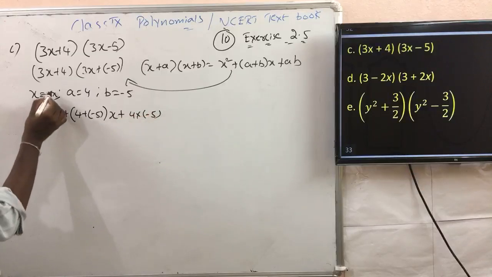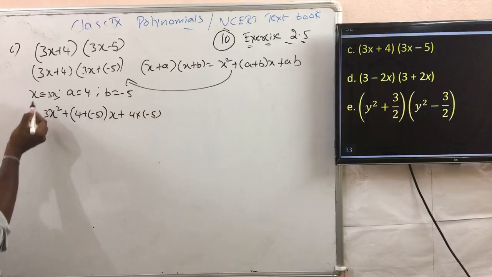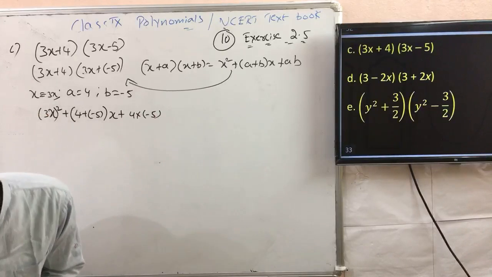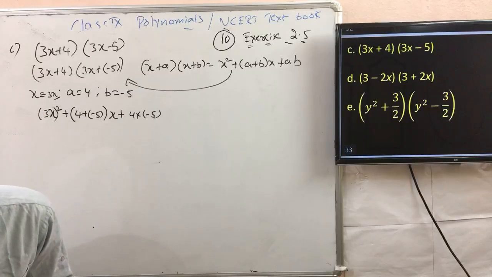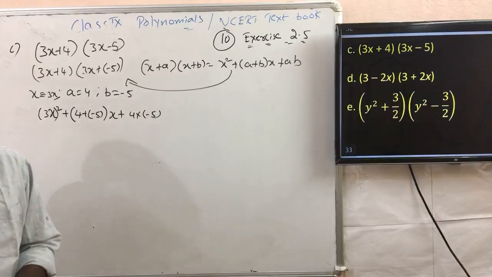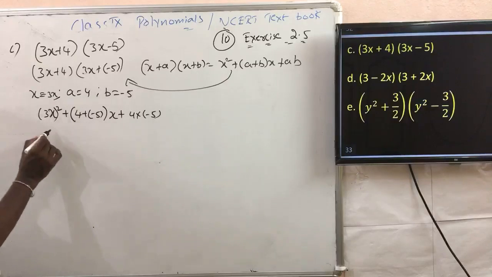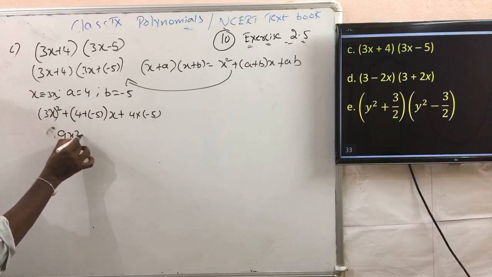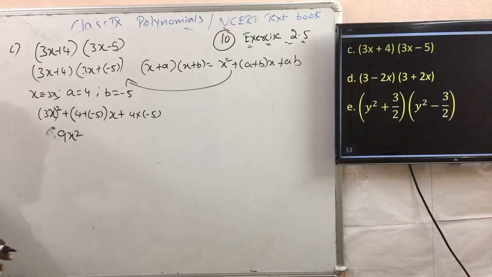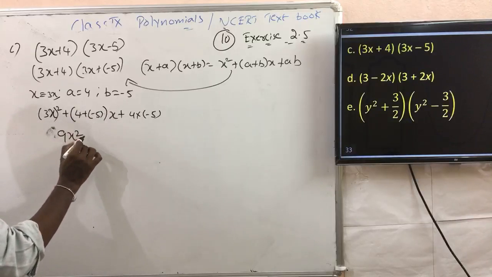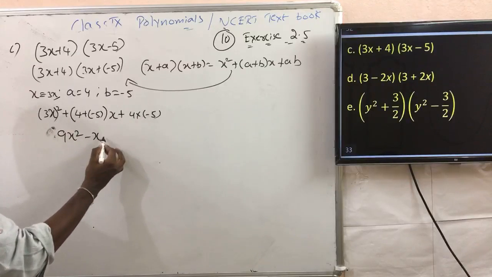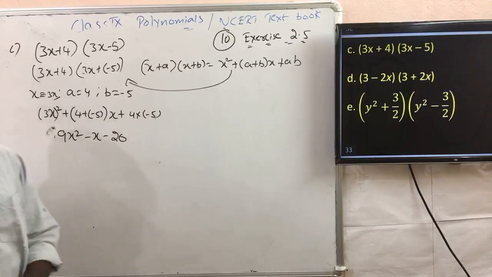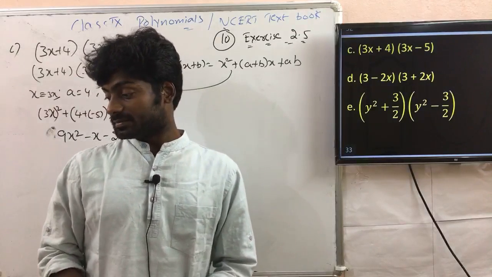But here x equals 3x, so 3x whole square. Already Shivam gave 9x square minus 3x minus 20. Astosh also gave. Very good, Astosh and Shivam. Correct answer: 3 square 9, x square; 4 minus 5 is minus 1, so minus 1 into x; 4 into minus 5 is minus 20. Very good, Shivam and Astosh, you are following very well.